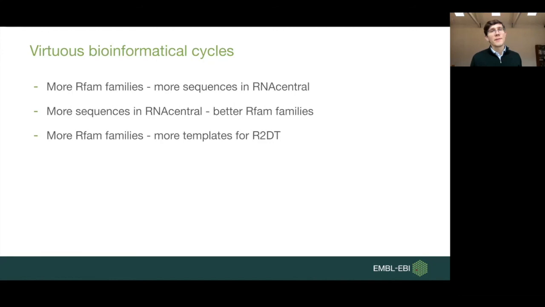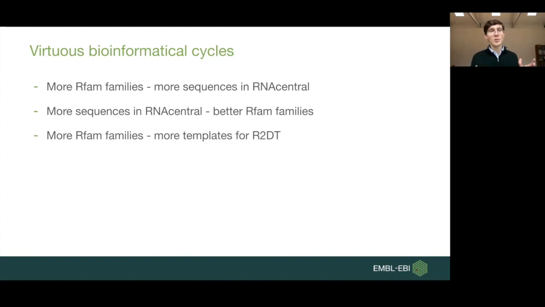And I want to emphasize that all this work feeds into each other. So we're talking about virtuous cycles of updates in bioinformatical resources. As we have more RFAM families, we can add more sequences in RNAcentral as we scan additional genomes and identify more instances of these RNAs.